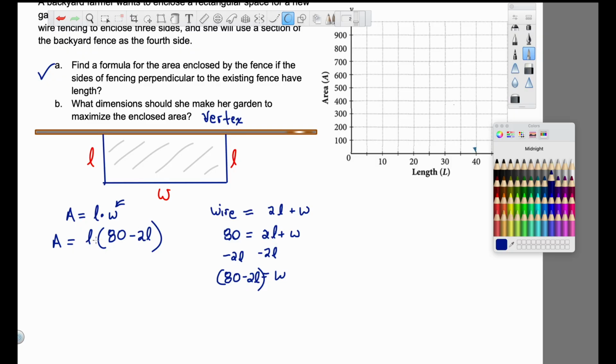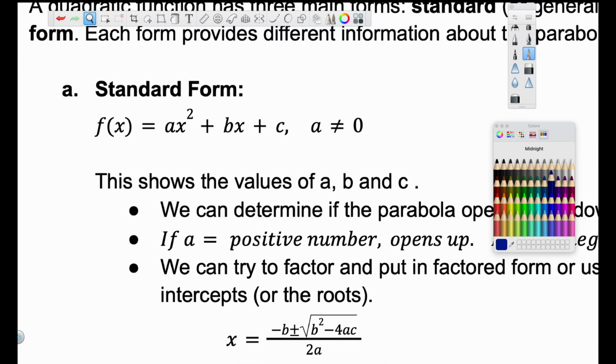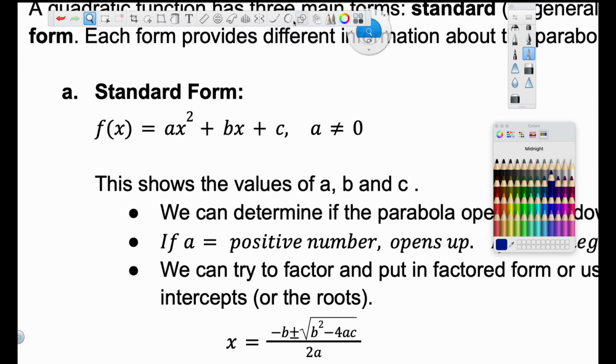Why don't we go ahead and put this in standard form? So what is standard form again? Here's our standard form of the equation: ax squared plus bx plus c. F of x in this case is A, and our variable in this case is L.